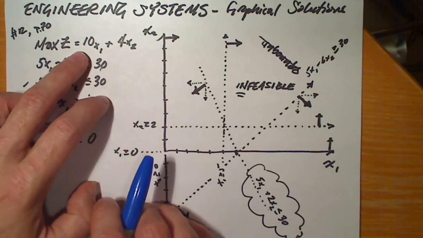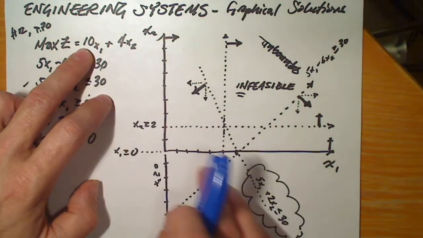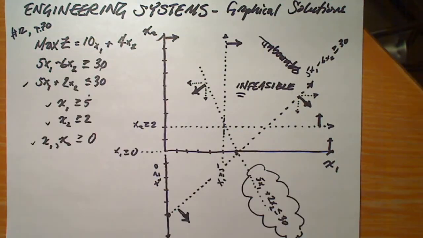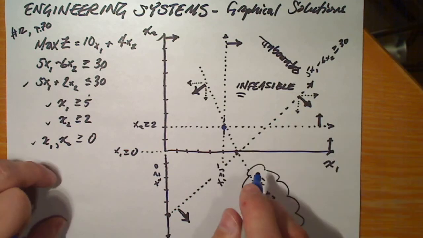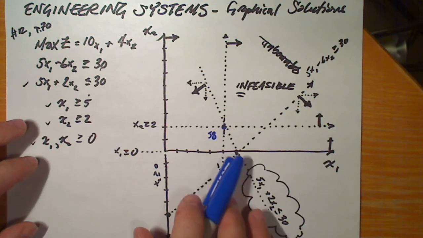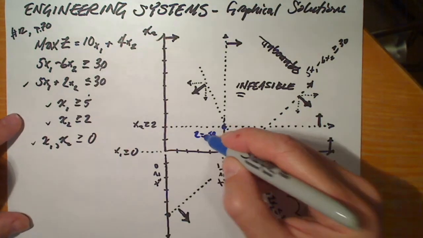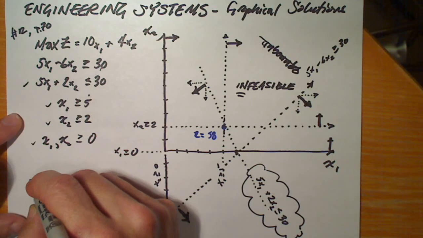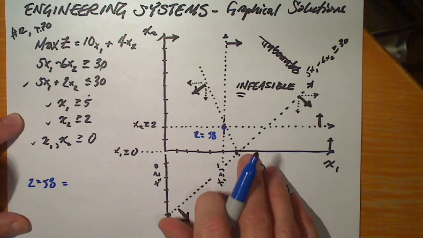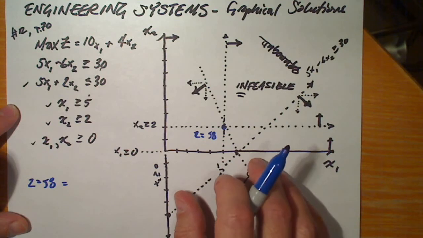But we're going to do something a little bit more interesting than that. Suppose that we take a value like 5 for x1, 2 for x2. Here we have 50 plus 8. That's z right here equals 58. Which other combinations of x1 and x2 amount to z equals 58? We can solve for that by saying z equals 58 equals, and now we're going to choose one of these intercepts. x2, for example, could be 0.